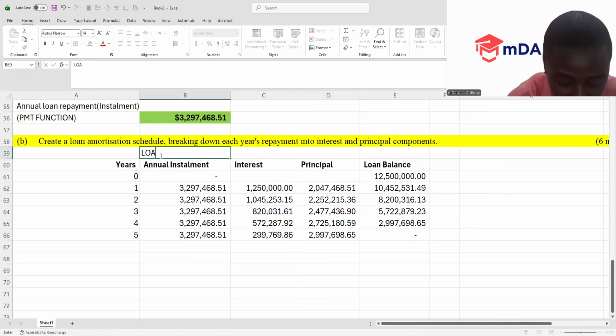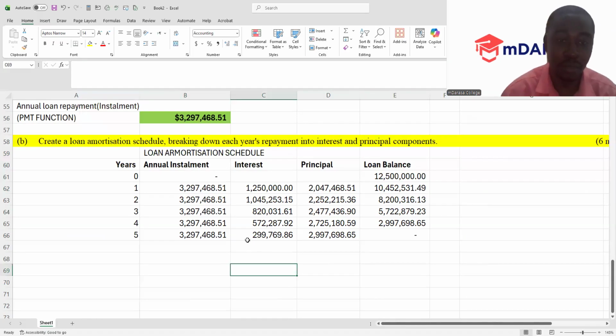Just a few steps. Loan amortization schedule, as you were asked by our good examiner to prepare. So there we have our loan amortization schedule for the 5 years. See, you scoop all your marks.